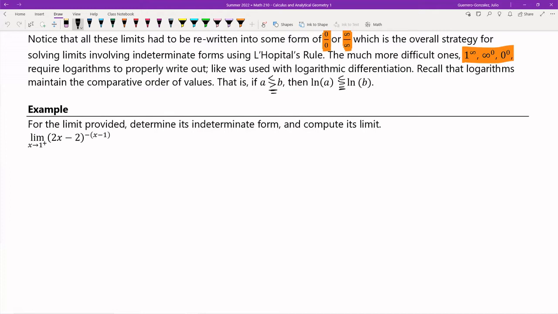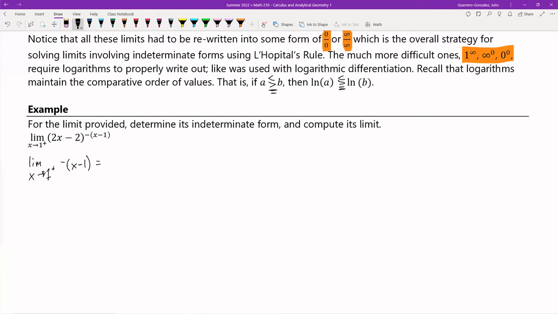So here we go. Let's say we needed to take this limit that's right here, right? I'm going to determine its indeterminate form first, and then compute its limit. Okay, so what I'm going to do is this. I'm going to go ahead and do the limit as x approaches 1 from the positive side of just the exponent, right?